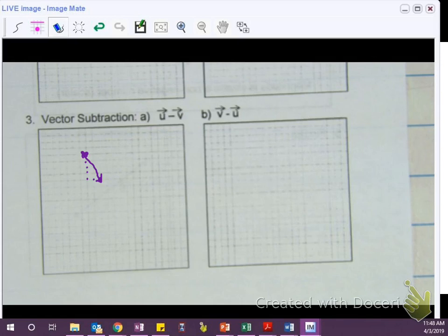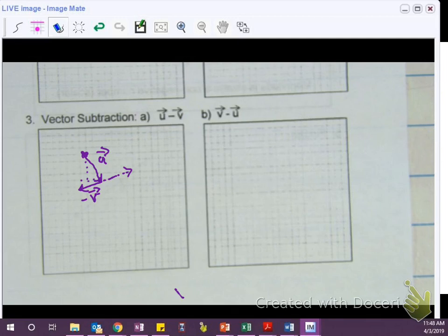So that's U. And then minus V, instead of going right 3 and up 1, I'm going to go left 3 and down 1. So the positive one was over here, the negative one is just along a straight line in the opposite direction. So this is minus V.